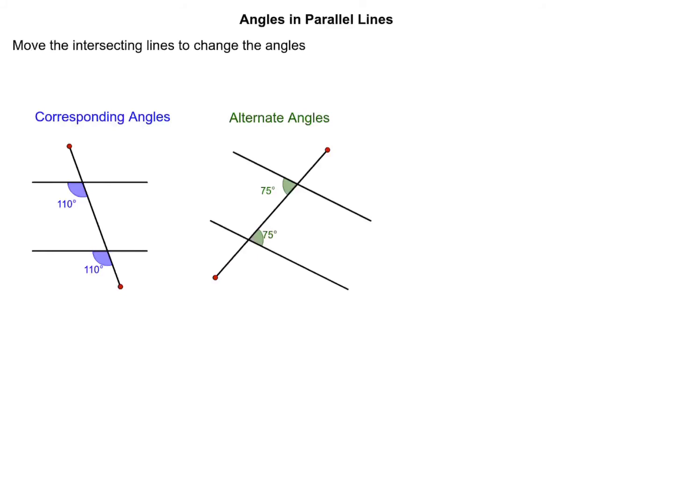In this first one, you've got 2 parallel lines, this one and this one, and then you've got another line cutting through them like that. These angles that they have drawn in, both being 110, are equal. That's just the rule, known as the rule of corresponding angles. And that's only true if the lines are parallel.